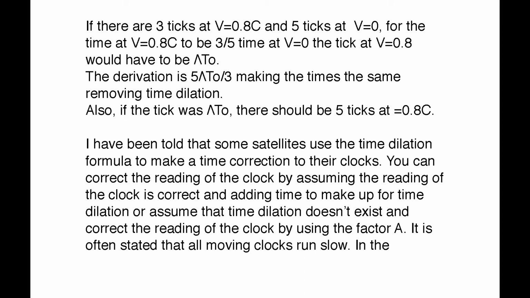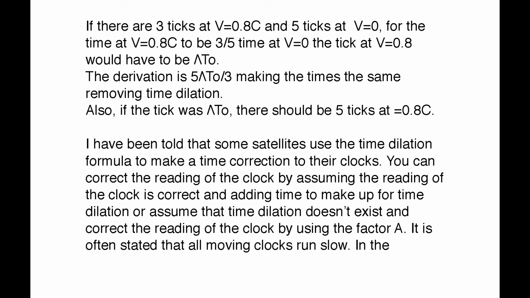The derivation says that the tick is 5 delta T0 divided by 3, making the time the same, removing time dilation. Also, if a tick was T0, there would have to be 5 ticks at 0.8 C. What I'm doing here is just pointing out the discrepancies. What they've done can't be right.